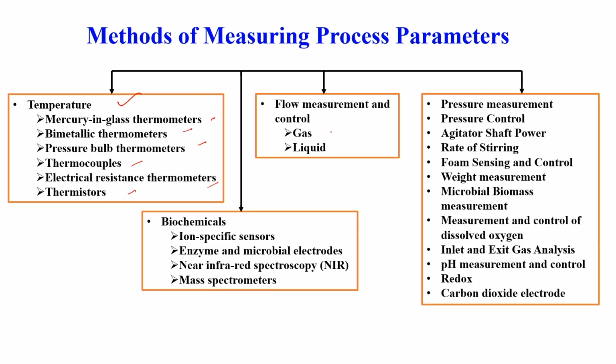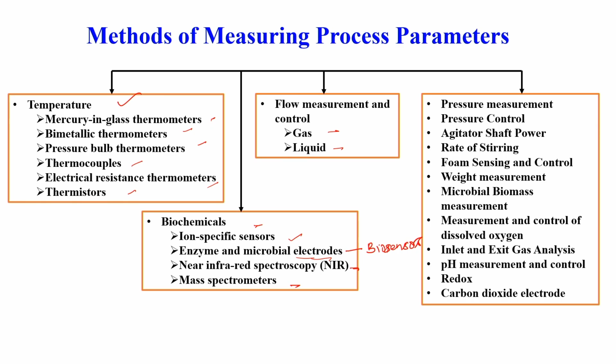Similarly, for flow measurement, either gas flow or liquid flow, and for biochemicals or metabolites, there are ion specific sensors, and enzyme and microbial electrodes. They are also integrated with biosensors. Near infrared is used for the analysis of these biochemicals, and mass spectrometer for analysis of chemicals.